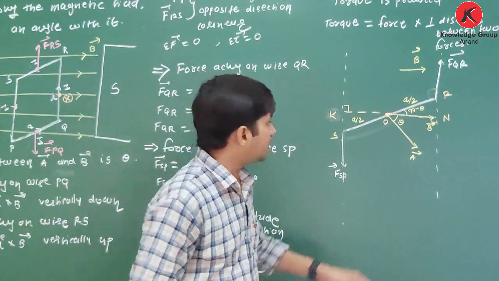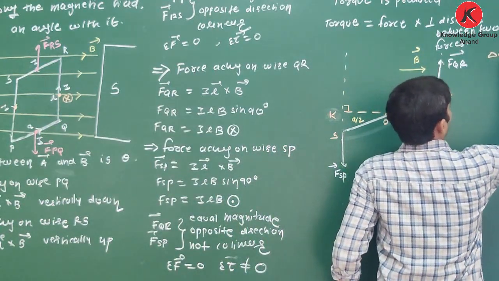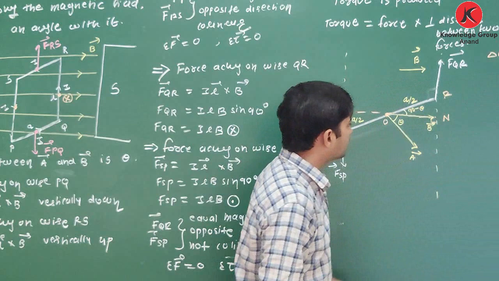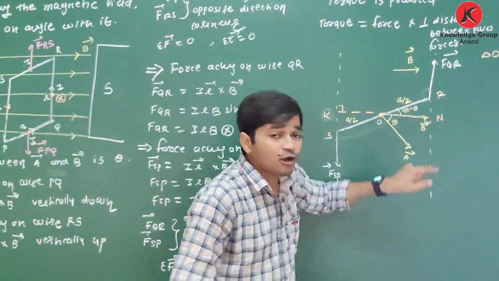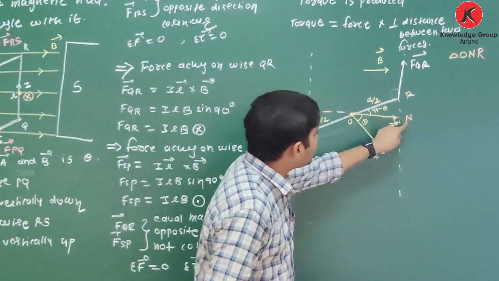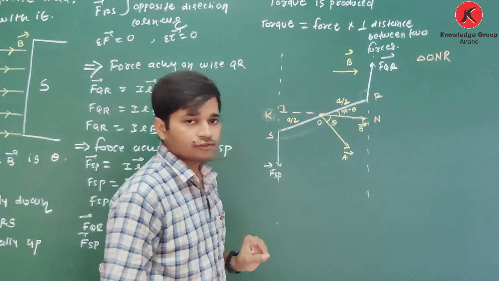See how to find On in this triangle O and R. On is the adjacent side of 90 minus theta, and this is the hypotenuse.